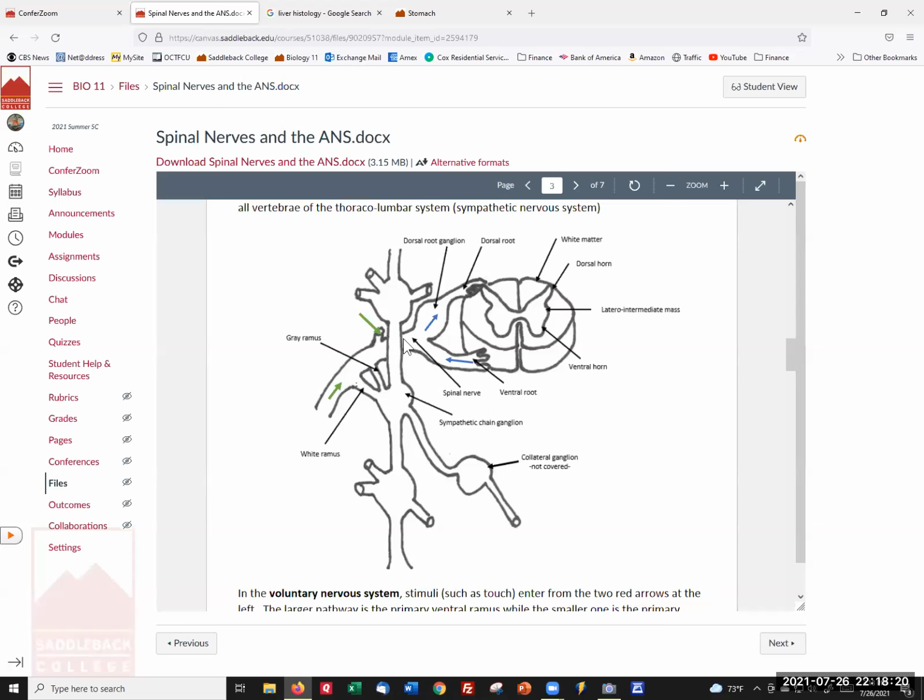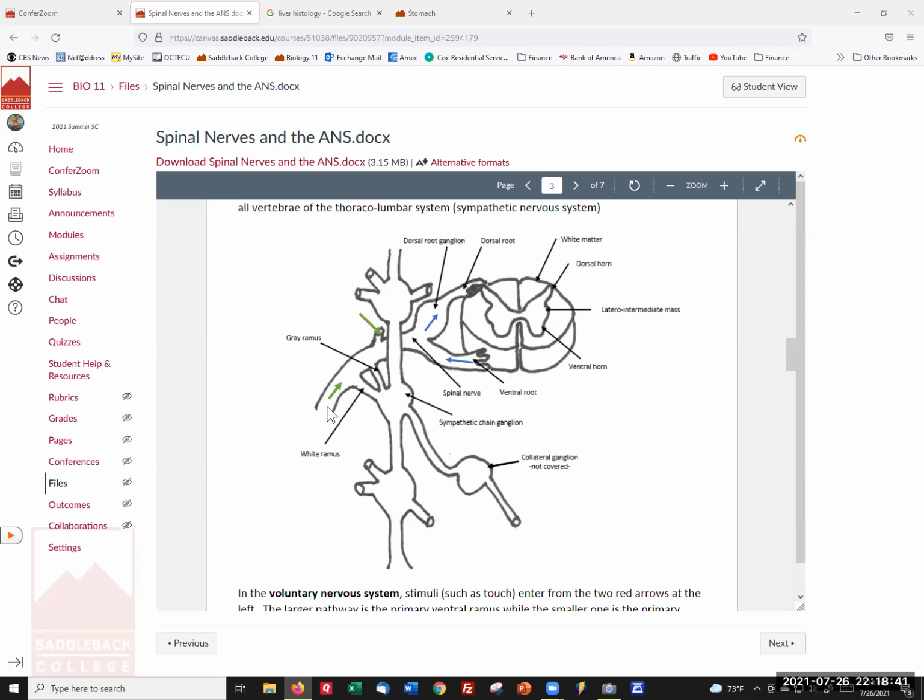So we have the way in, and then we have the way out. Now the way out could simply be to turn around and go to a muscle. You would still be part then of the voluntary nervous system.